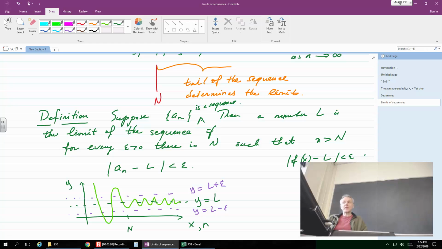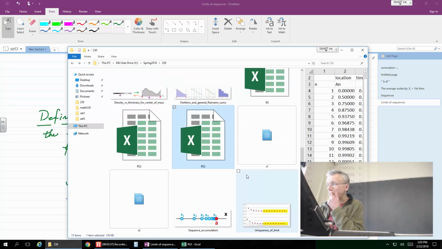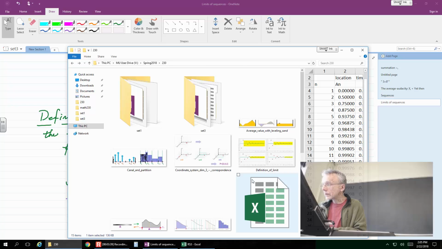That's what the requirement is. It is supposed to happen no matter how small an epsilon we choose. So we make the band narrower and narrower, and we still can find the number n that is required by the condition. To illustrate this, I have a picture.